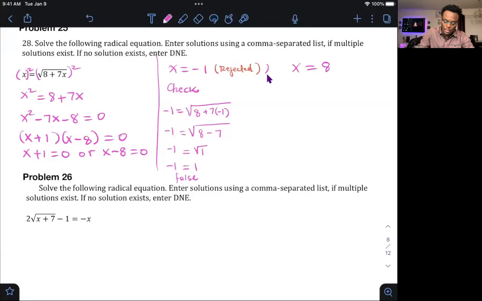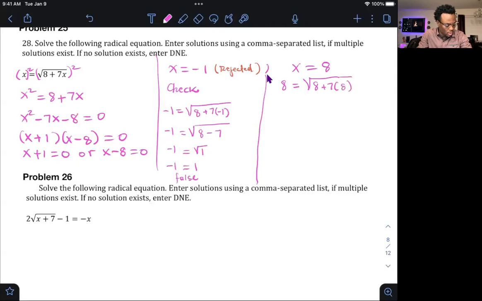Let's see what happens for 8. We replace x by 8 in the previous equation. 8 equals square root of 8 plus 7 times 8.